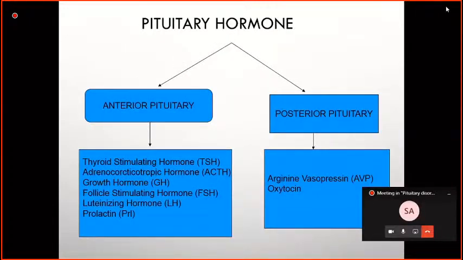Pituitary hormones, you have learned this already. What are the hormones in the anterior pituitary, and what are the hormones you can find in the posterior pituitary?